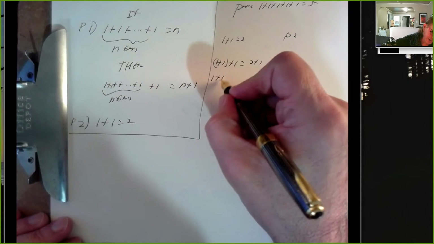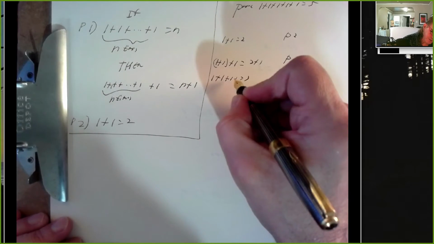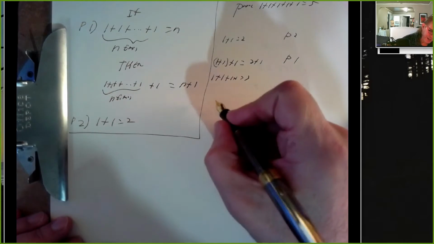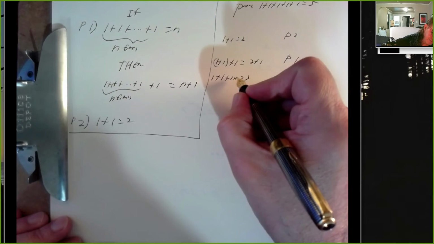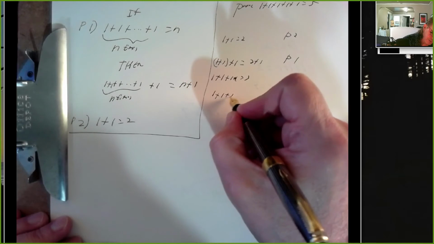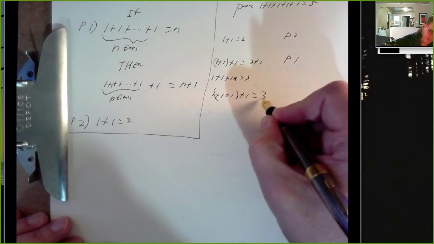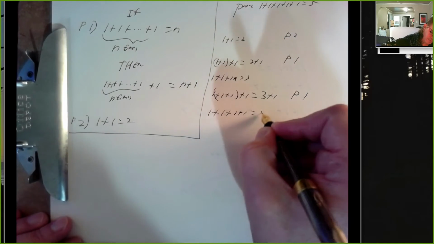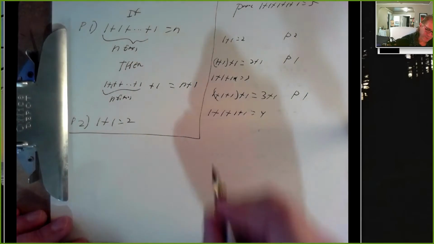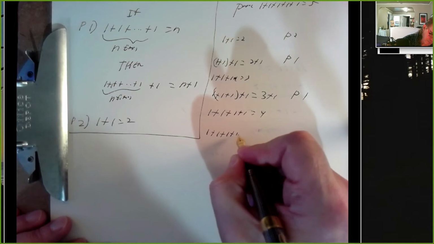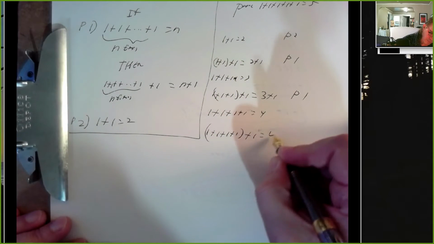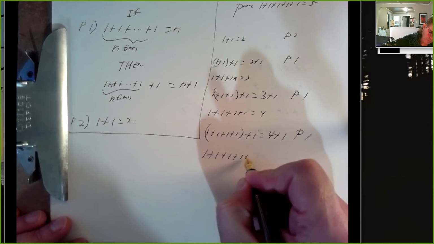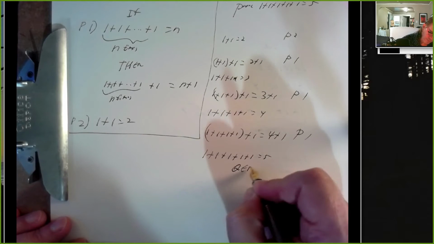And I'll restate that as 1 plus 1 plus 1 equals 3. And then I'll use proposition 1 again and say 1 plus 1 plus 1 plus 1 equals 3 plus 1. And then I'll use proposition 1 one more time. And we're done.